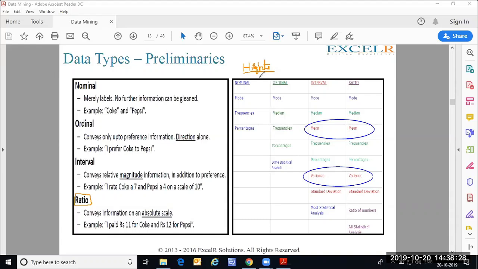Yes, it is possible, right? And coming to the arithmetic operations, we will be able to perform all 4 kinds of operations when ratio data is given to us. Am I clear?